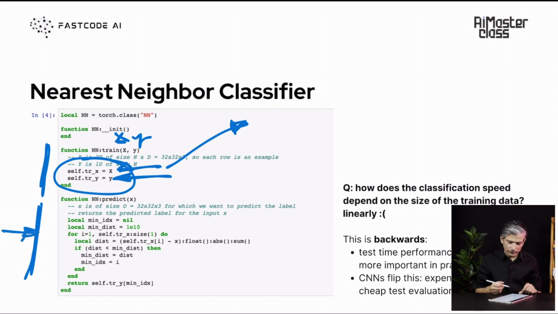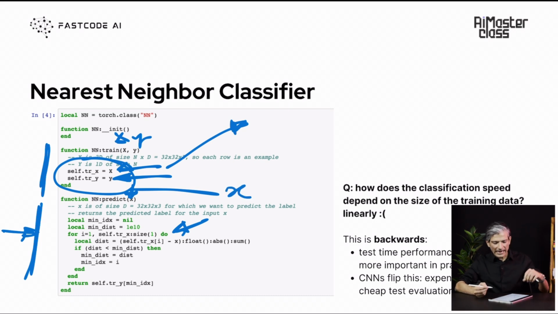What we do is we loop over the entire data set that we have saved in self.tr_x. So we go from 1 to the length of the data set, and for every data point, we compare it with the data point that we are interested in. We pass X as input and we want to find which image in our training set is closest to the test case that we are interested in.